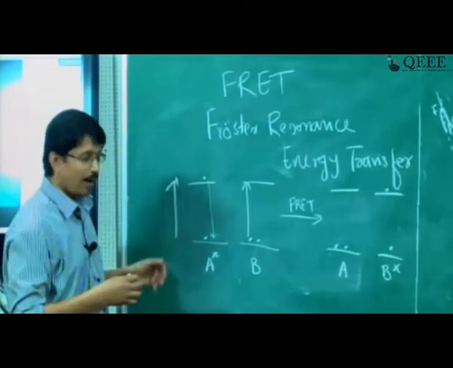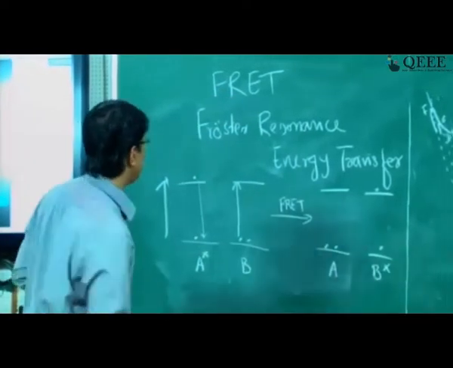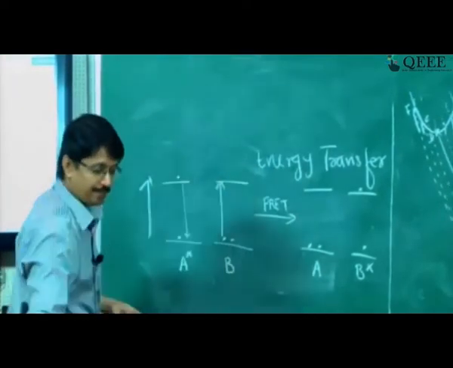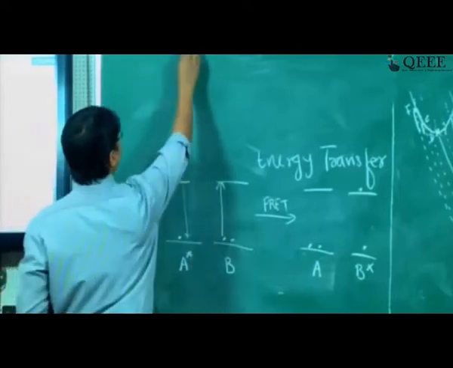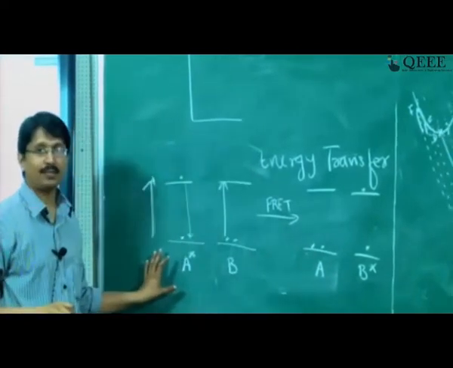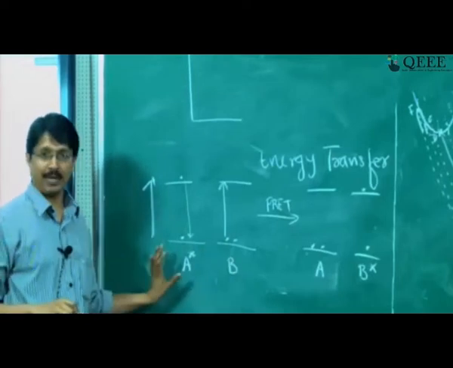Now I want you to check whether you understand the mechanism of FRET. For that, what I want you to do is plot a graph. I will show you the features of absorbance and emissions of A and B separately.